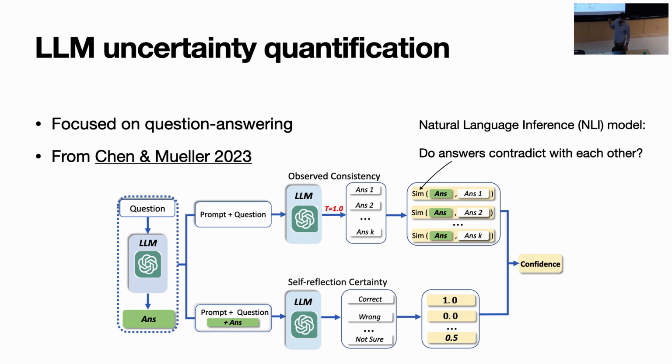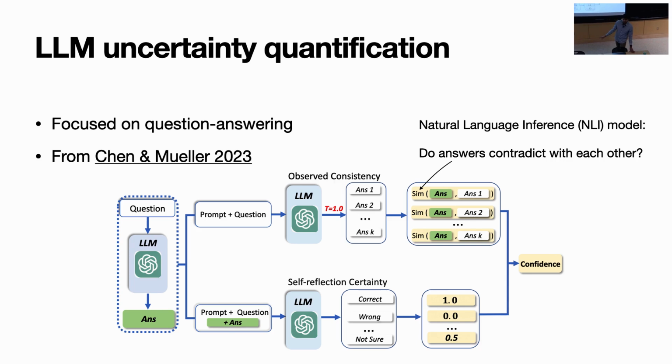But what you do is you get a number of outputs for the same question, and then you compare those all back with the original response that you want to score. The way we want to compare those is obviously not something like, are these identical, the same string, right? Because these things are generating text, things might look a little bit different. But what we can do is use a natural language inference model.